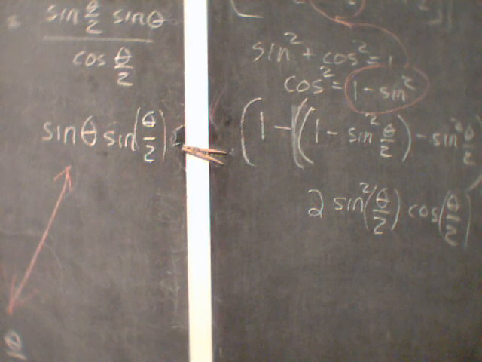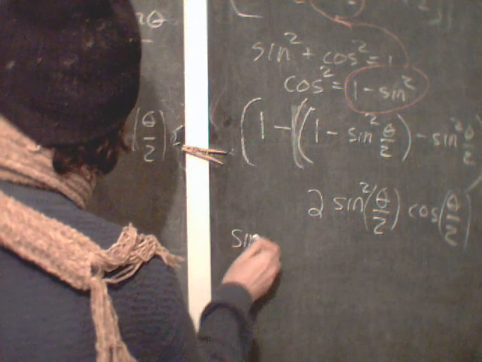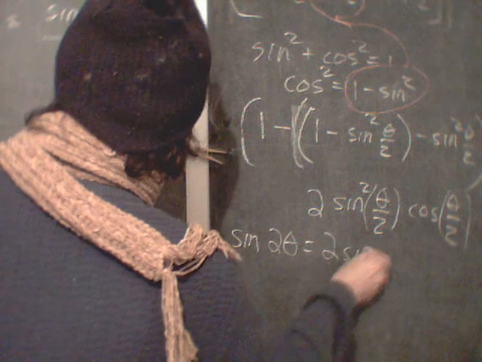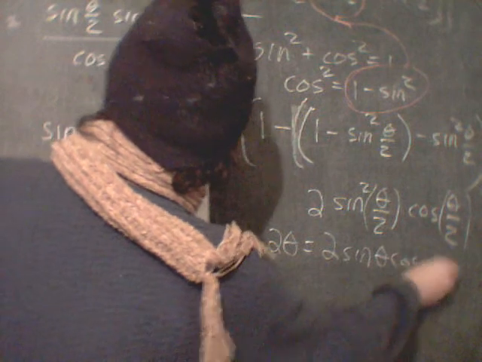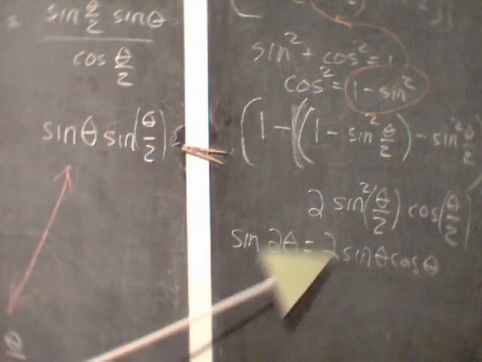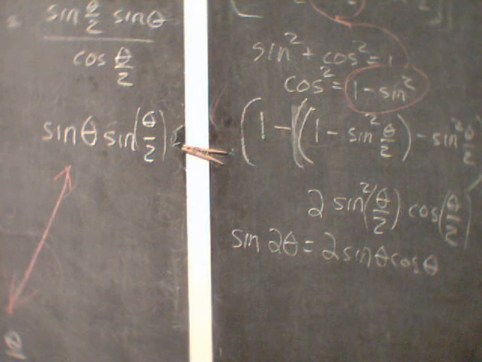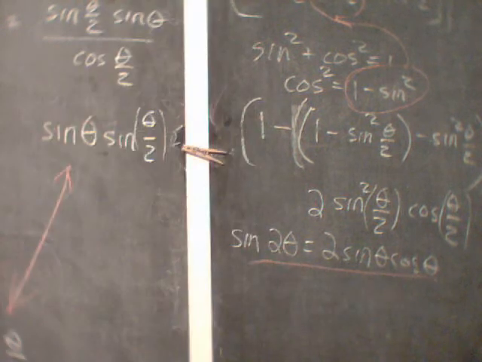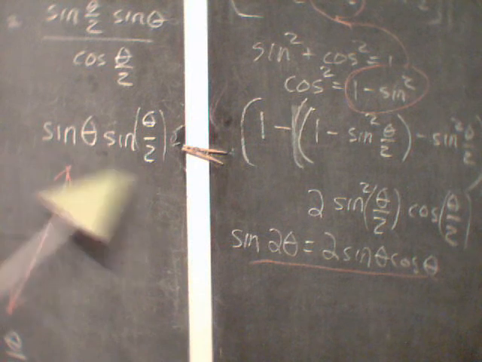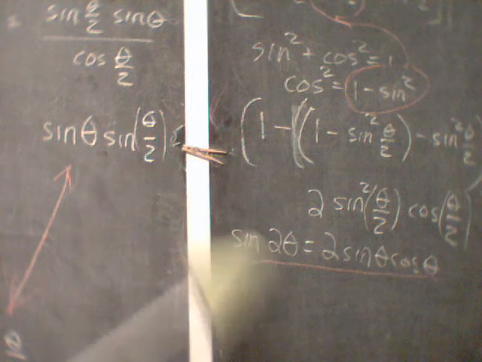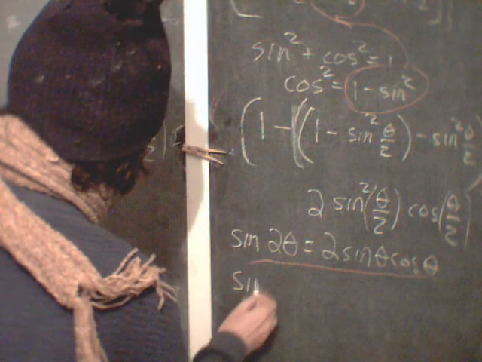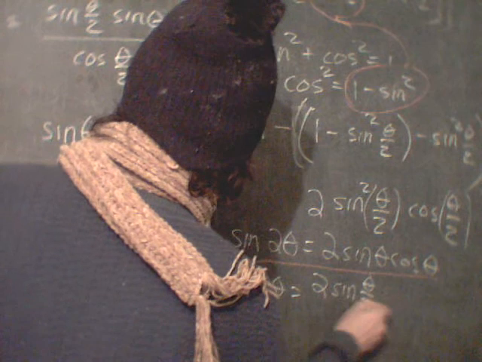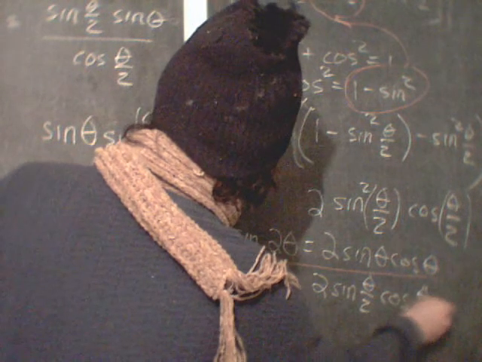But remember the identity. Sine of 2 theta is equal to 2 sine theta cosine theta. If you remember that formula, that's a key thing to remember, because that will help us resolve the issues. And it appears to me that if we take theta to be theta over 2, then sine theta is equal to 2 sine theta over 2 cosine theta over 2.